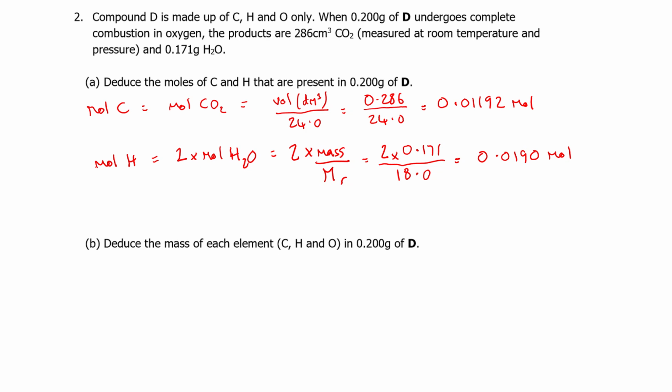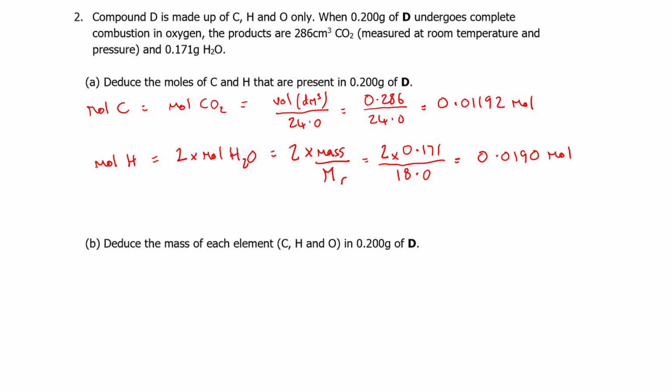And the difference is the mass of the oxygen that was in there. So we can find that and then turn that into the moles of oxygen, and then we'll have the moles of each element, and that's going to let us get the empirical formula.